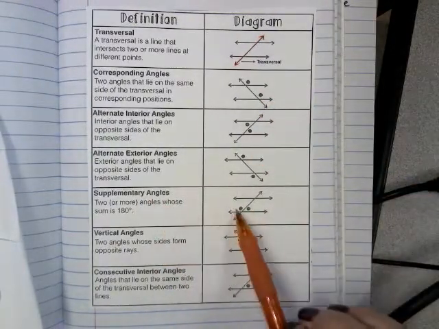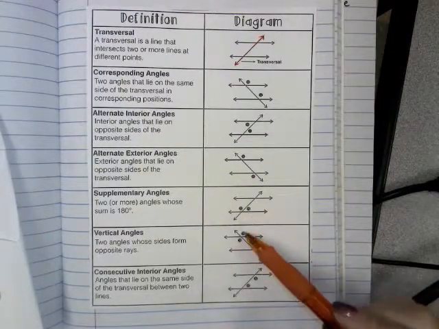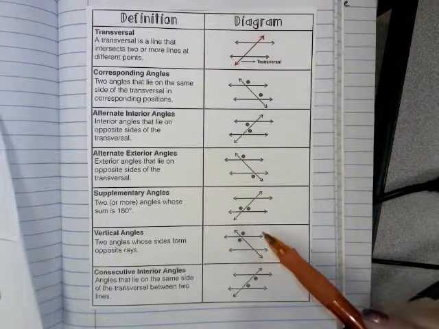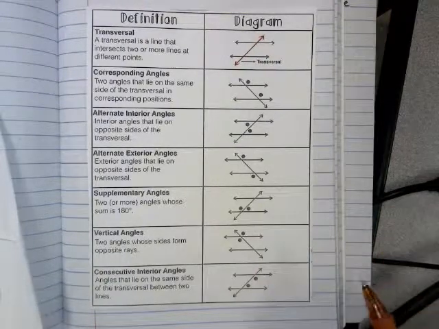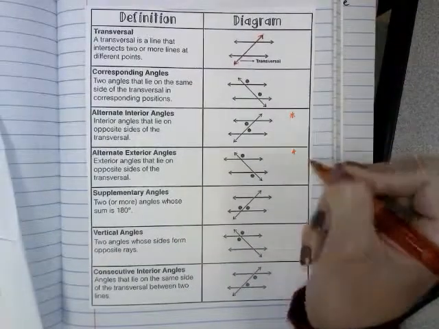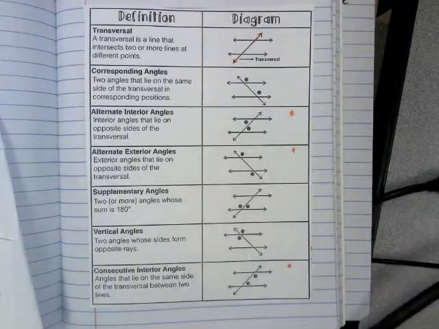Supplementary angles, 2 angles that are side by side, they add up to 180 degrees. Vertical angles, across the vertex from one another. But we've added a couple of new definitions. We have alternate interior, alternate exterior, and consecutive interior.